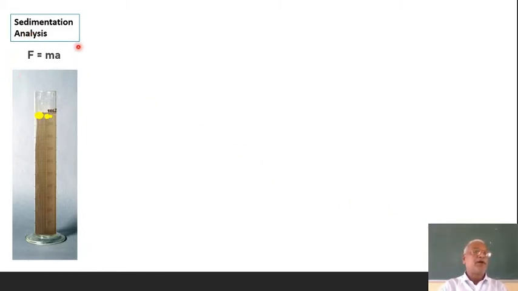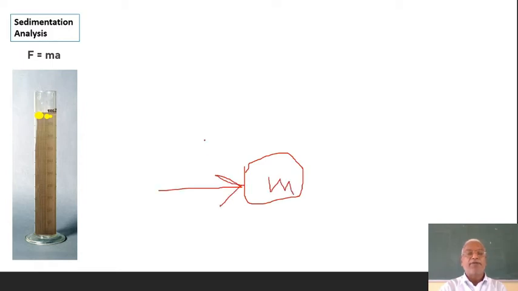You know this formula F equals ma, Newton's second law. In short, if you have an object of mass m and you apply a force F, then if it is capable, it moves in the direction of the force and the motion will have an acceleration a.